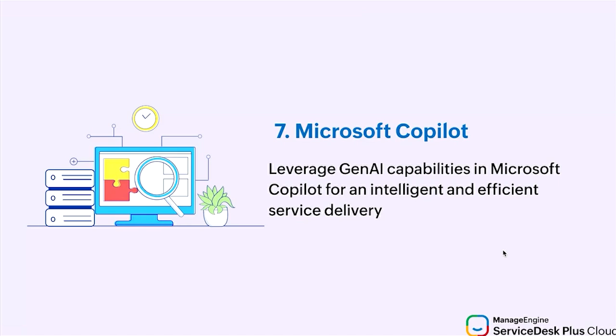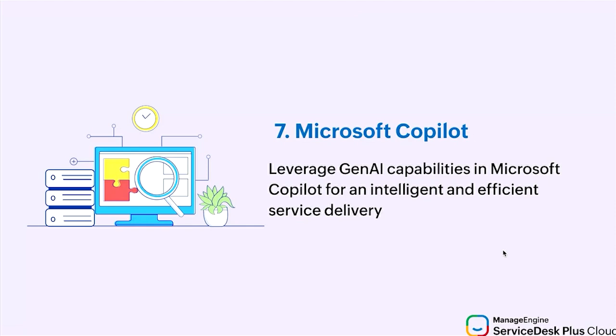Now, let's see how you can facilitate the same with Microsoft Copilot integration. As a prerequisite, make sure that the Microsoft Teams integration is enabled and you have Copilot for Business Plan enabled for your organization.